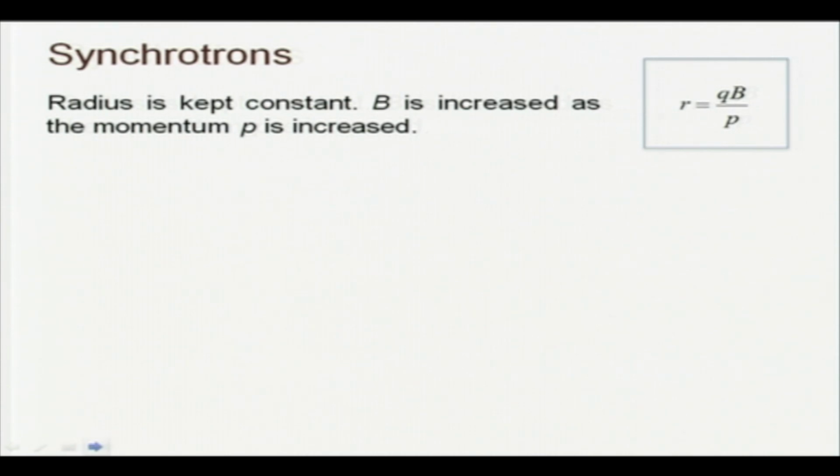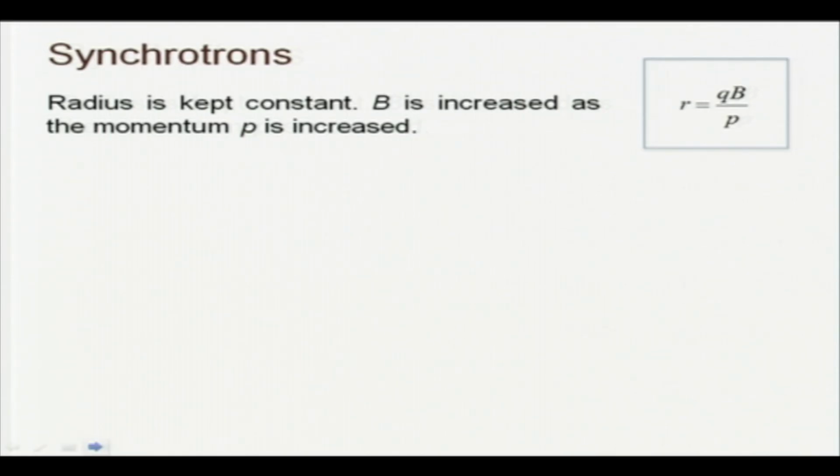How do you keep the radius constant? You look at the relation between the radius of a particle moving in a magnetic field under the Lorentz force, and the magnetic field, its charge and momentum. You see that R is equal to Q times B over P. So, as P is increased, you can change your magnetic field so that R remains the same.